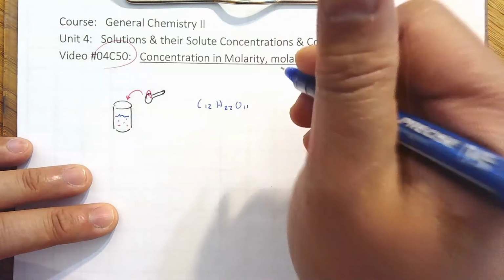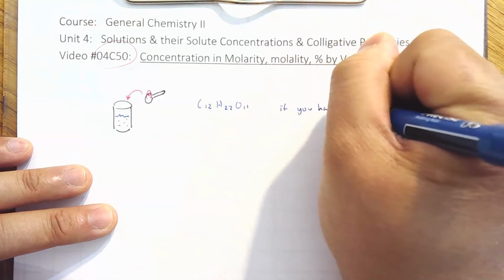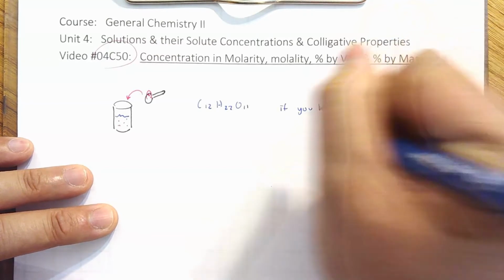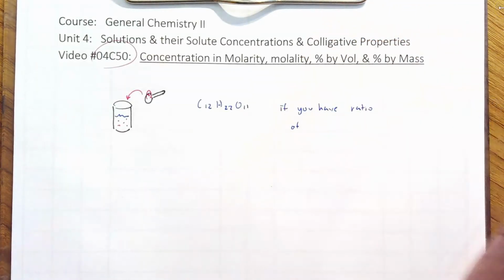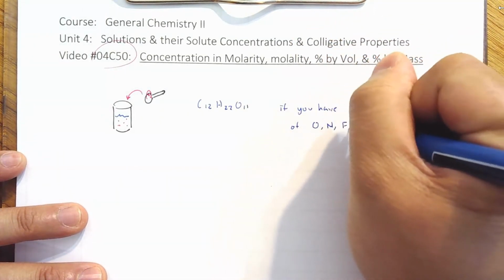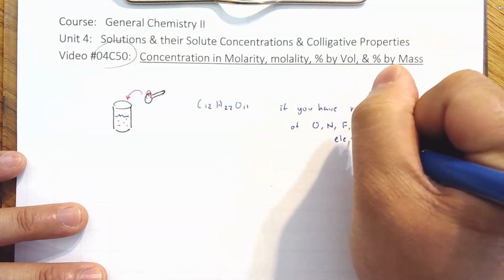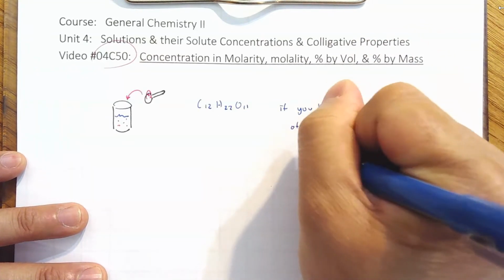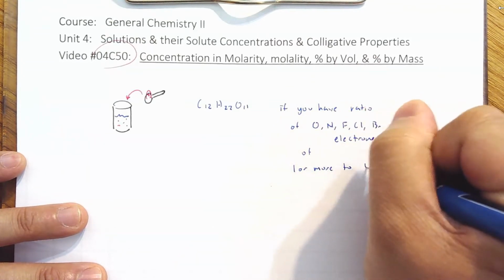Let me try it again. If you have a ratio of heteroatoms, atoms that are not carbon or hydrogen, of O, N, F, Cl, Br, these are all pretty electronegative, of one or more to 4 carbons.